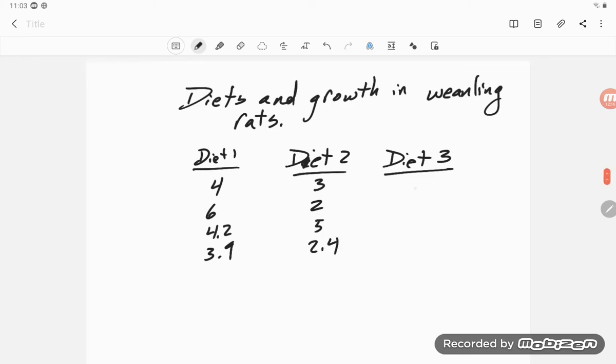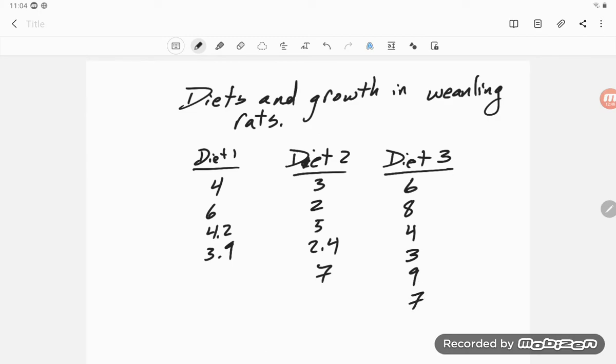Just to show that we don't have to have the same number of observations in each one, we'll have a 7 there, why not? And then here, we could have a 6 and an 8 and a 4 and 3 and 9 and 7.